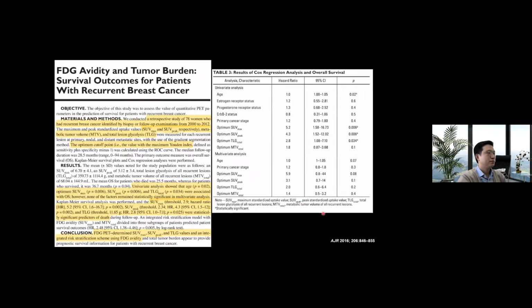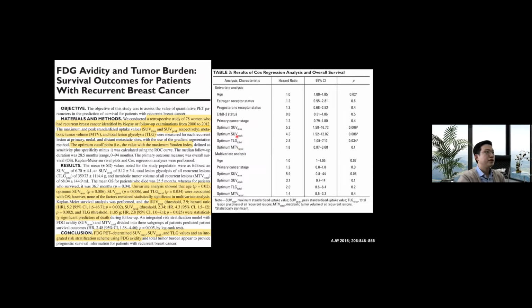And one other study from 2016 in AJR assessed the prognostic value in recurrent breast cancer. In recurrent breast cancer, they measured SUV max, peak, MTV, and TLG and looked to see if those are predictive of overall survival. These patients are already recurrent patients, so there is no disease-free survival. So they just looked at whether that is predictive of overall survival.